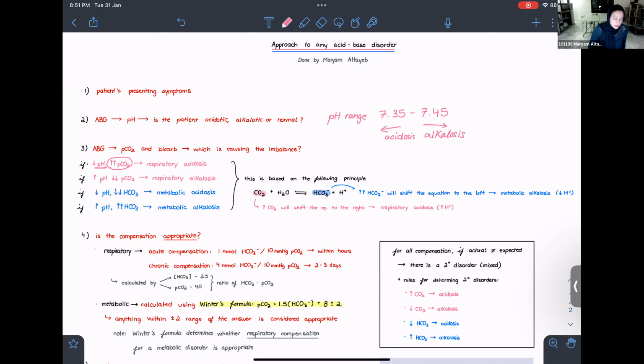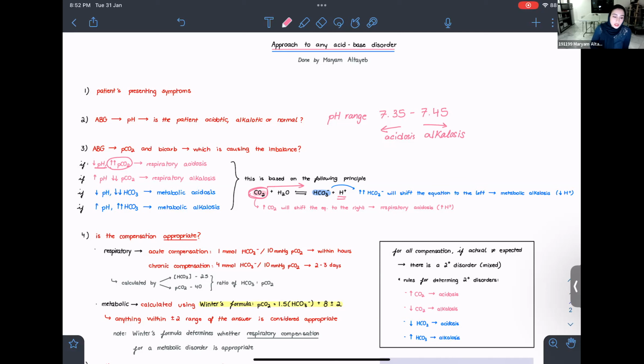So if we look at the equation on the right-hand side here, all of this is based on the following principle: if you have very high CO2, what's going to happen? Your body is going to say, okay, I want to figure out a way to fix this. I'm going to shift from here, and it's going to give you more H+. And so you're going to shift back and forth. So any increase in CO2 is going to shift the equation to the right. That's going to lead to a respiratory acidosis.